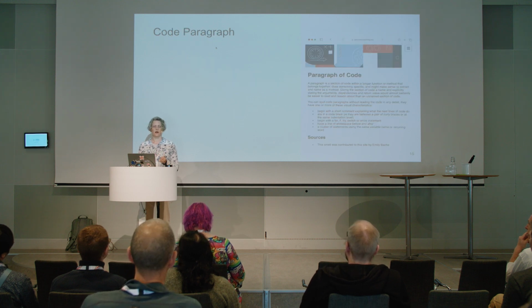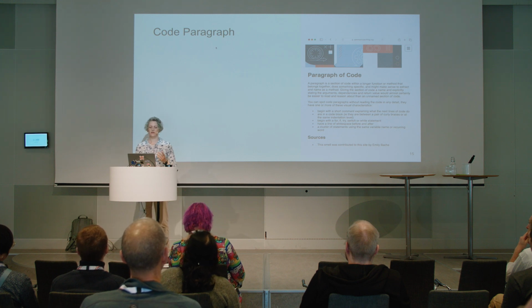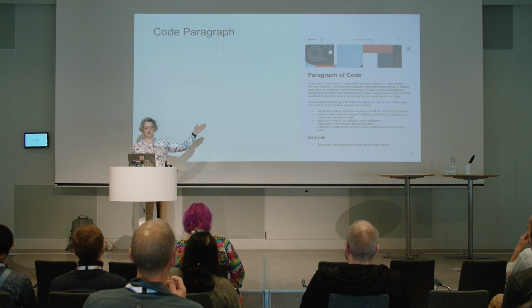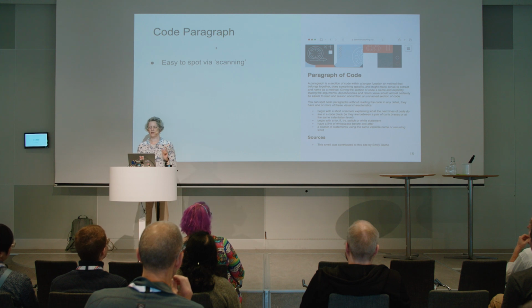The other code smell that I spotted was a code paragraph, and that's not one of the ones in Martin Fowler's book. This is one I've learned from other programmers. I've written up a description of it on the salmancoaching.org website. This also is pretty easy to spot just visually. What I think my eyes are looking for is a section of code that has white space either side of it, and usually it starts with a little comment describing what this section does.